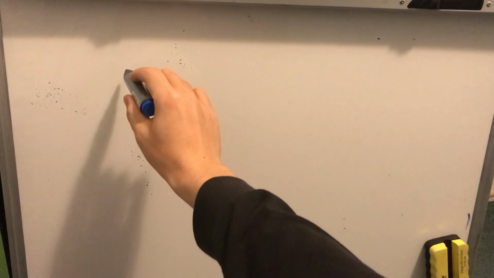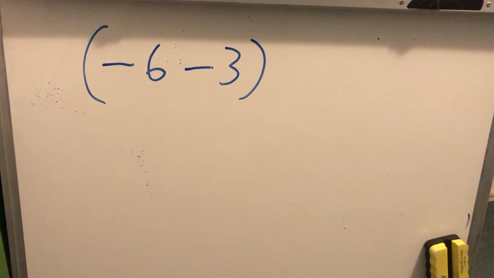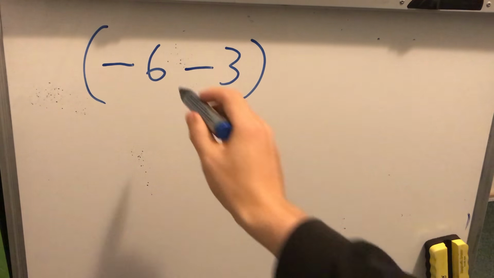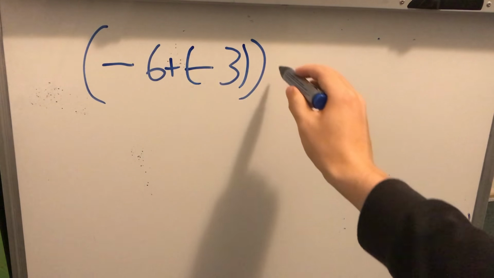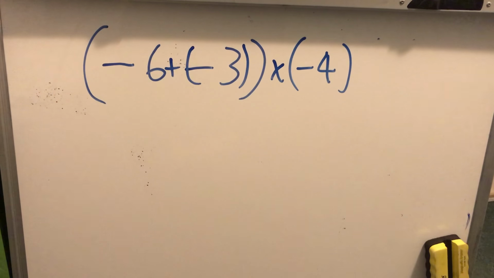And anytime you have negative numbers, say negative 6 plus negative 3, times negative 4, we want to show that the distributive law holds.